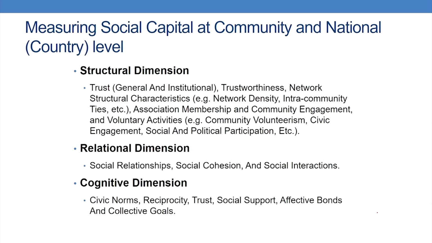Now, at the structural dimension level, social capital is a community level resource or a collectively owned capital, and due to the challenges of data availability, measures at the macro level often resort to analysis of secondary data, or secondary analysis of existing data sets, which is not collected specifically to measure social capital.